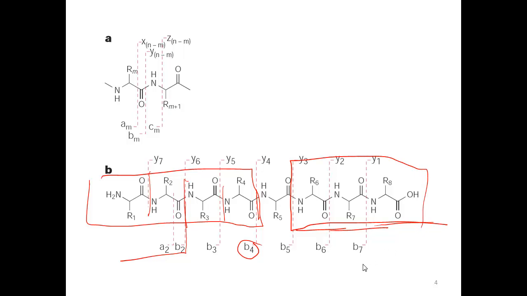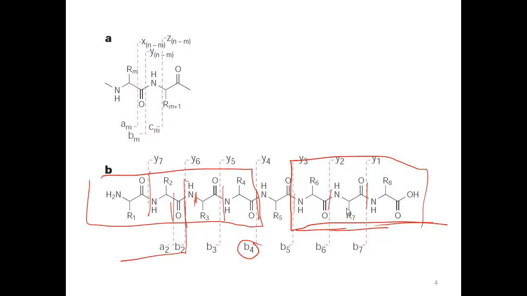Now occasionally you're not going to fragment always on the peptide bond, even though that's predominant. Sometimes you might fragment between the alpha carbon and the carboxy group. This would be called an A ion then, and if you fragment between the amino group and the alpha carbon, that would be a C ion. Likewise, here are the three amino acids. We have the Y1, Y2, Y3 ion.